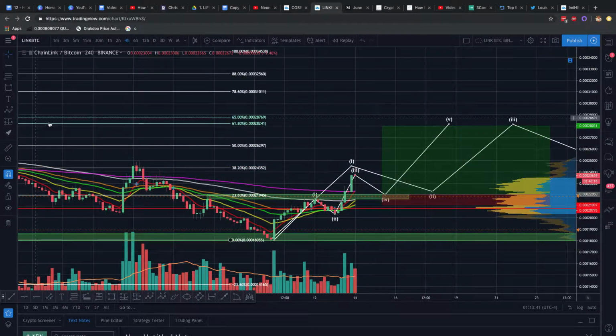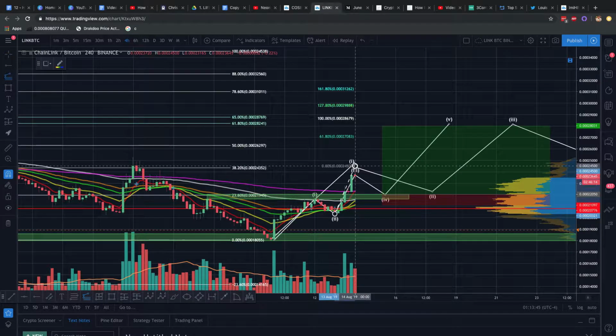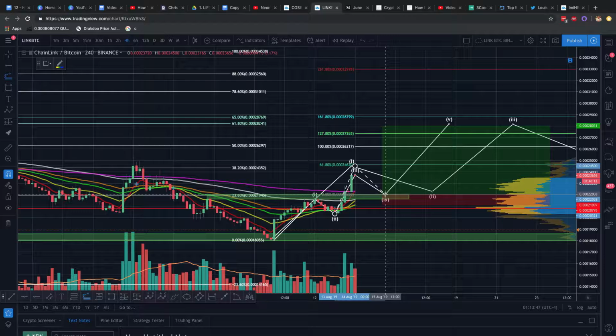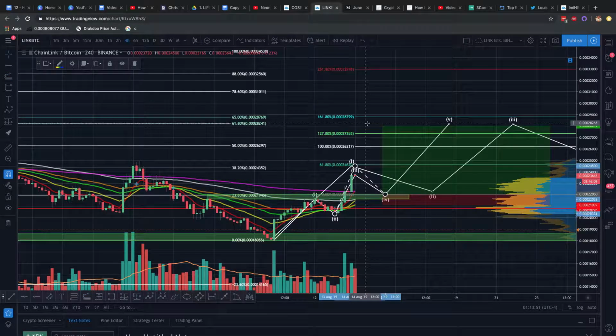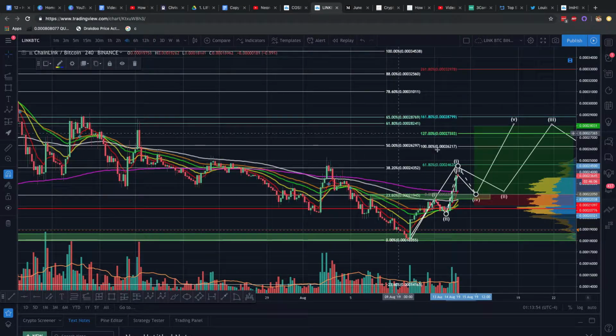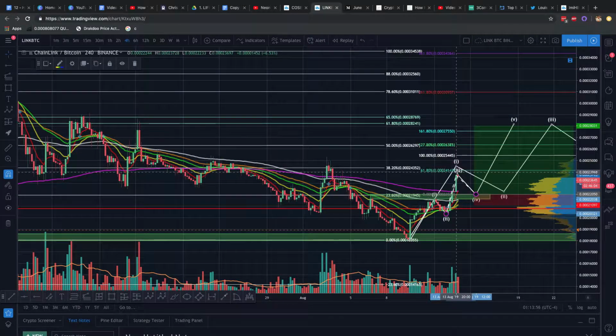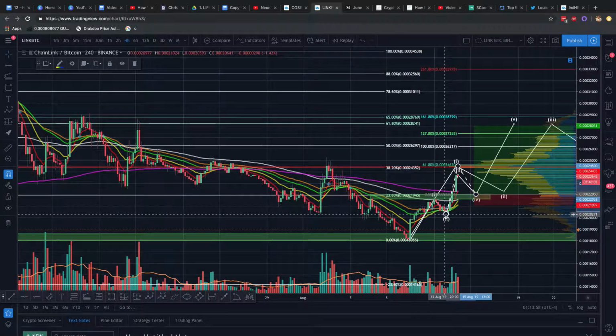Oh, I guess what you could also do is do the extension from this perspective scenario and see where that lands. So if it goes up here and then does come back down, you have to see if it lines up with anything, right?